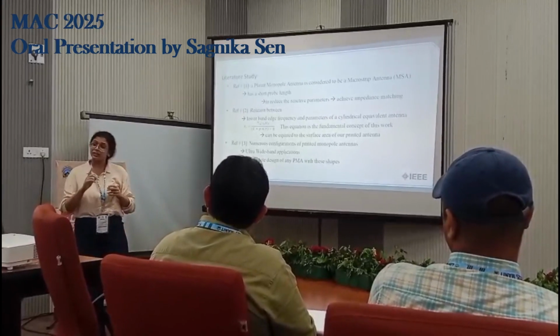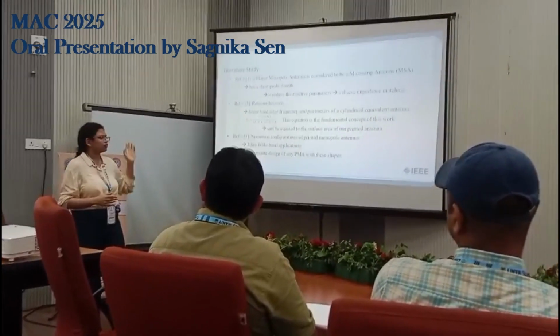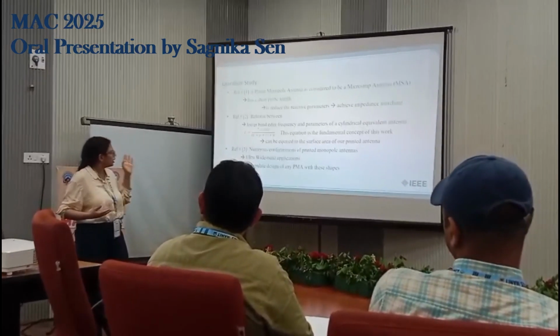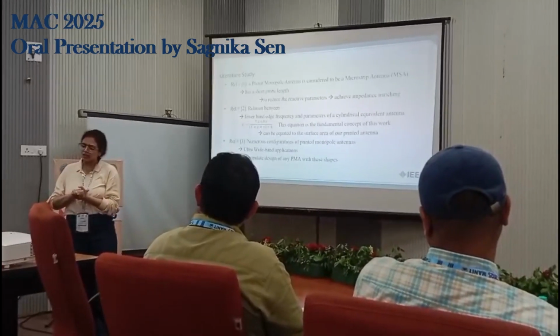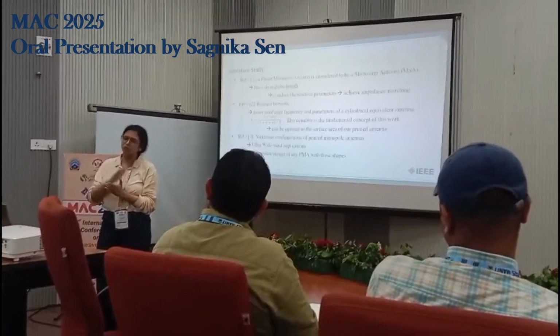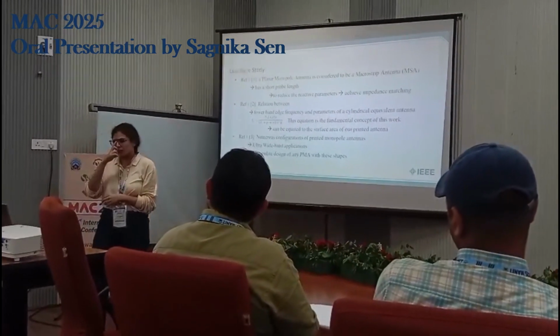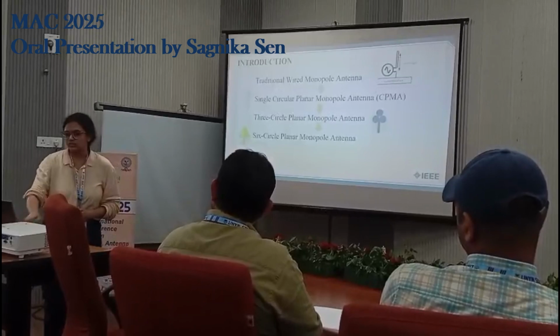That is one thing I kept in mind while making my designs. Reference 2 I've already explained in the previous slide, so I'll move on to the third reference. I also learned that planar monopole antennas are widely used in ultra-wideband applications, which particularly strikes my interest, which is why I chose this.